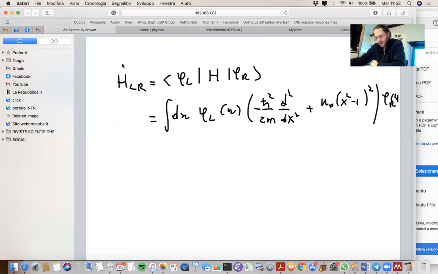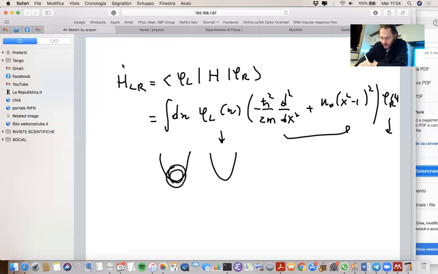Now, both these terms act on the right or on the left, it doesn't change. But the point that I want to make, since these two functions are exponentially suppressed, whenever this function is large, say on the left, this term here will be small.